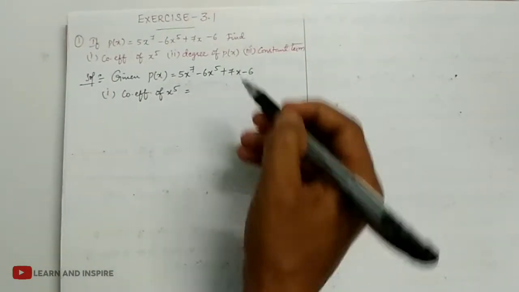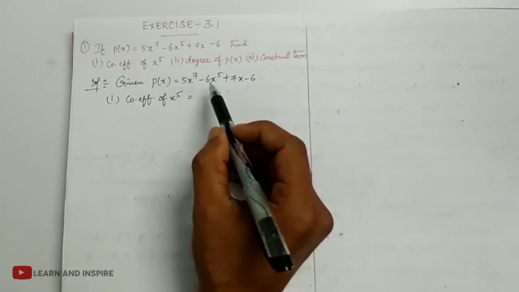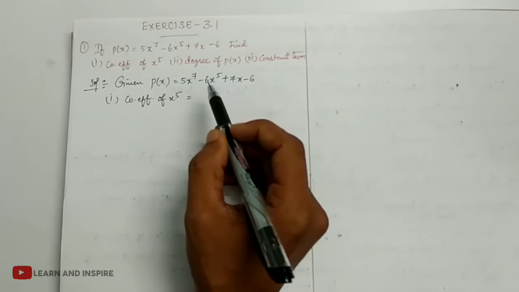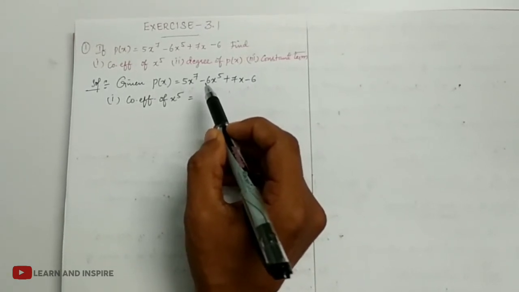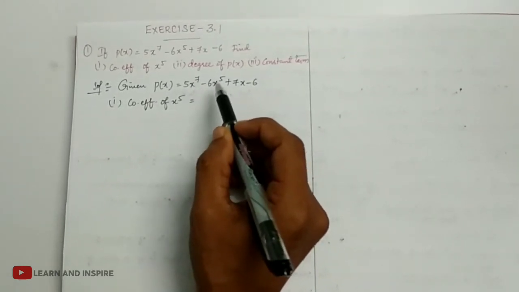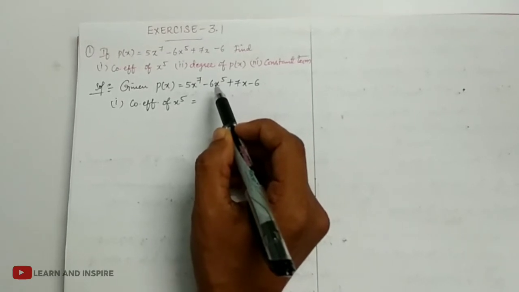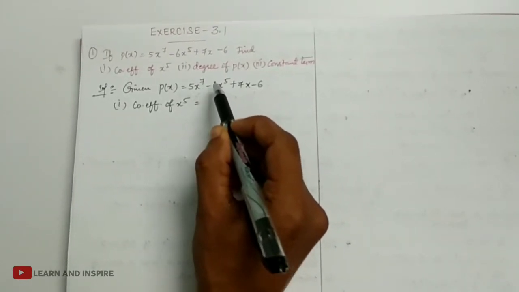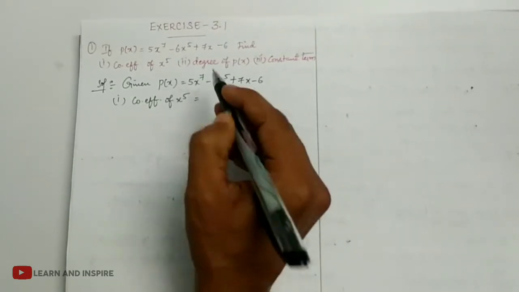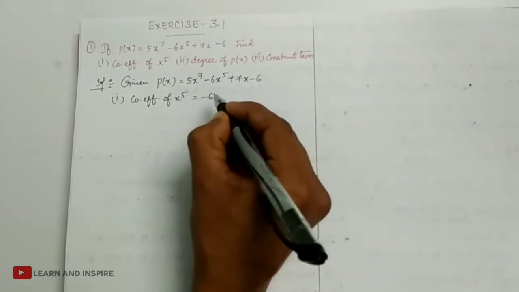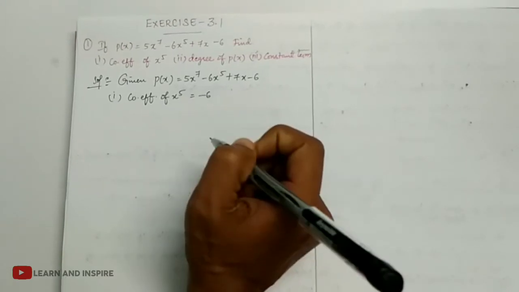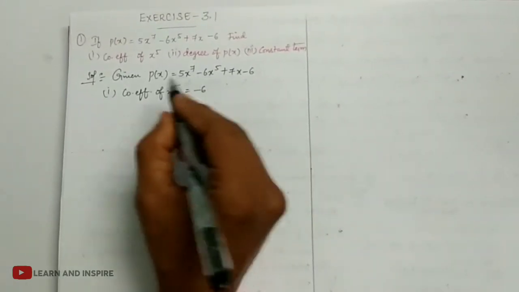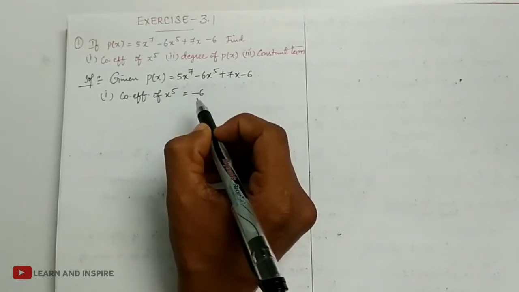Coefficient is nothing but the constant before the variable. So x power 5 is the variable. What is the constant before the variable? That is minus 6. We have to represent that operation sign also. That is minus 6. If it is plus 6, you can write simply 6. Understood? That is the coefficient of x power 5.